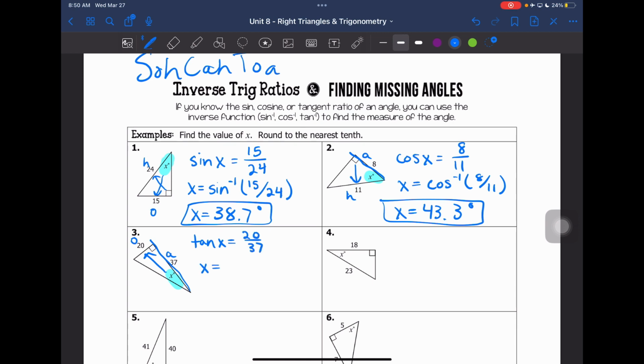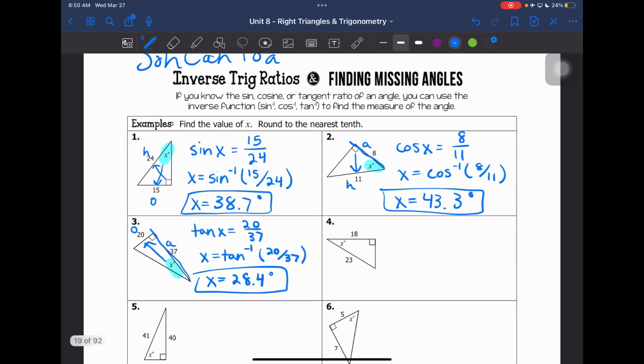Now to find x, all I have to do is take the inverse tangent of 20 over 37. So when I type that into my calculator, I end up with a decimal, 28.4 degrees. Because we're finding angles, all of these should have a little degree symbol at the end.